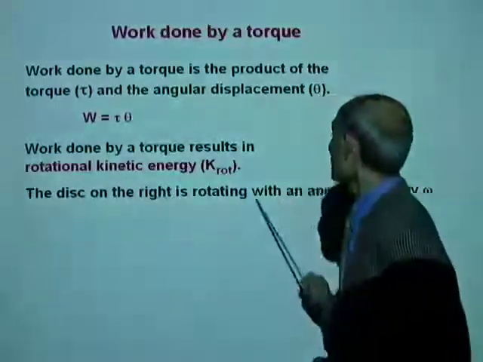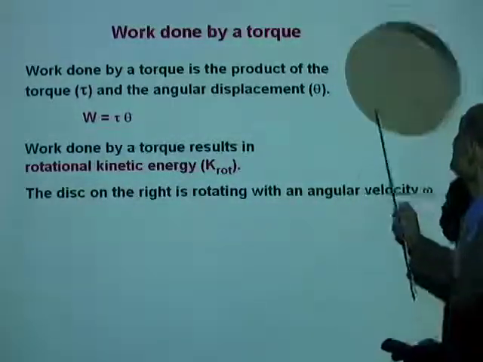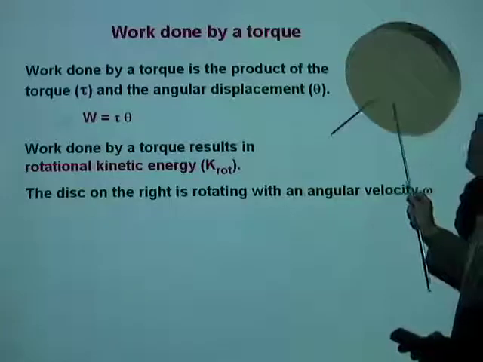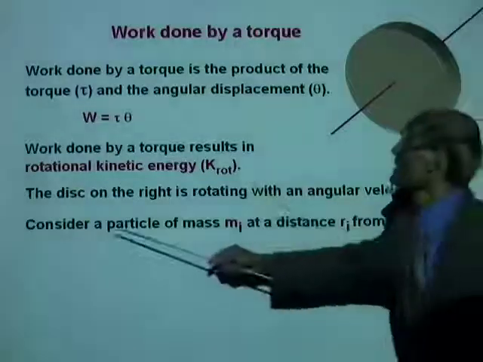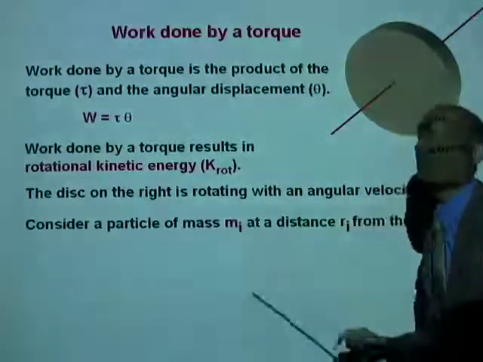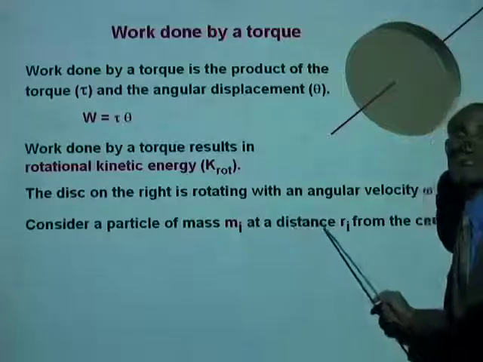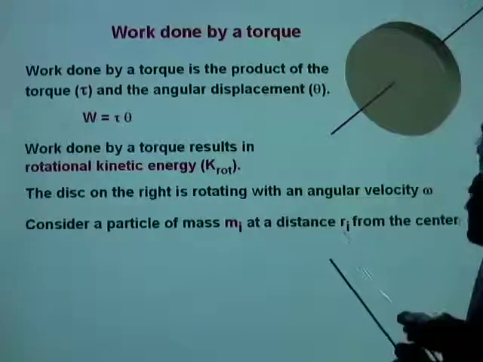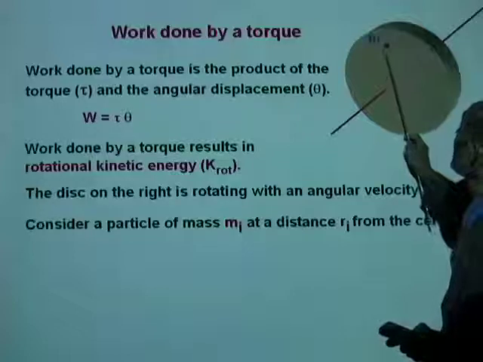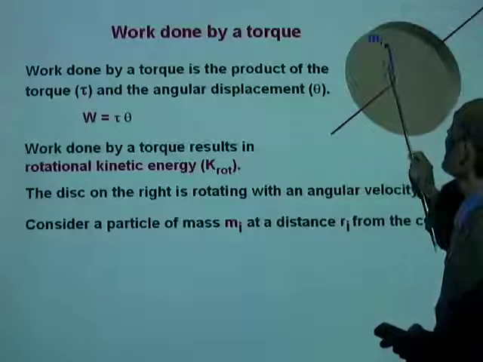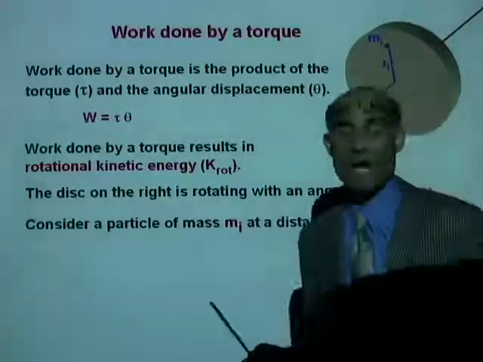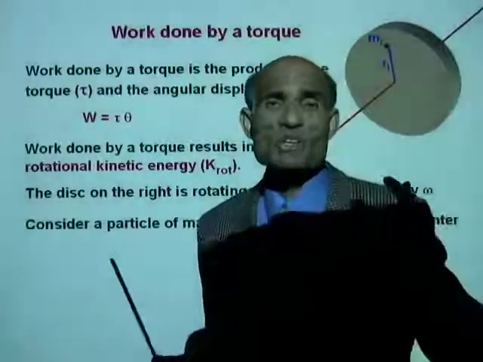The disk on the right is rotating with an angular velocity omega. Consider a particle of mass mi at a distance ri from the center. Well, this is a particle of mass mi at a distance ri. I'm sure you understand this concept.